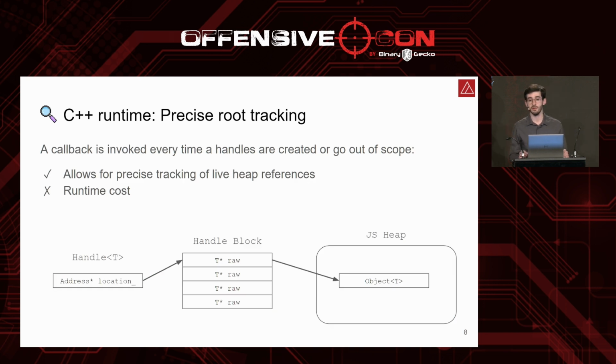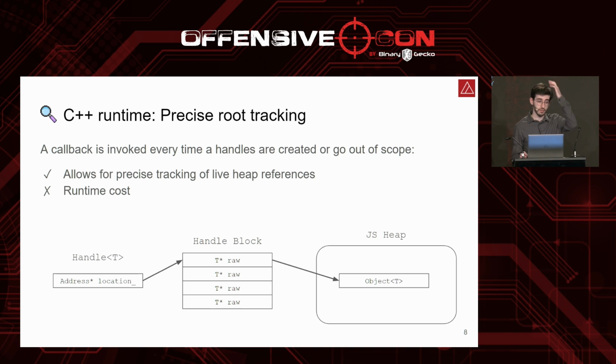The advantage of having a separate class to represent references is that through the constructors and destructors, we can easily get callbacks when a reference is created or destroyed. And having these callbacks whenever references are created or when they go out of scope makes it easy to always track the set of live references at any given point.